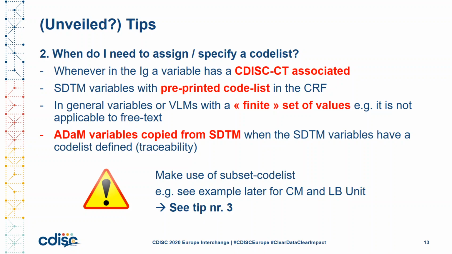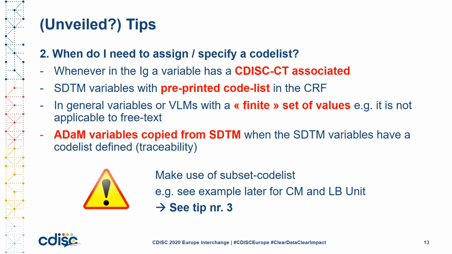In general, a variable should have a code list defined when this is specified in the implementation guidance. For example, the variable RACE in DM, the demographics dataset in SDTM, requires a standard CDISC controlled terminology to be used. Or when a variable is collected on the CRF, regardless of whether the implementation guidance expects a standard CDISC controlled terminology or not, as a preprinted list of possible terms.